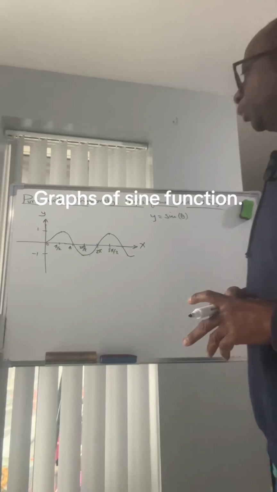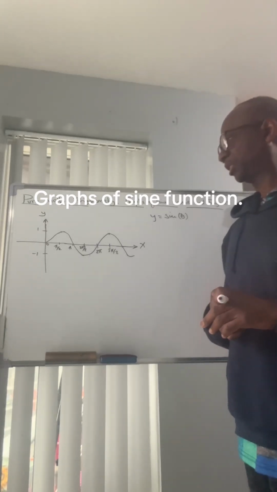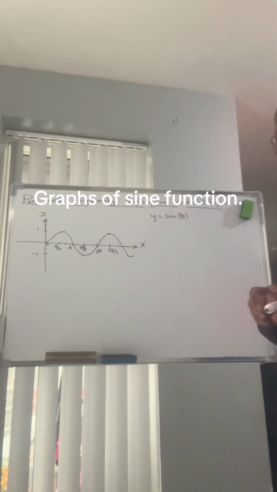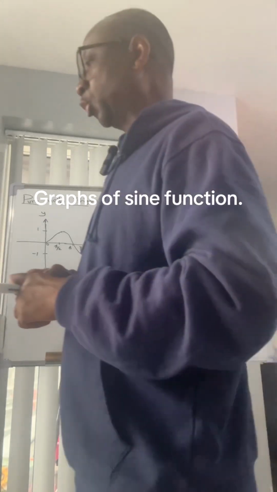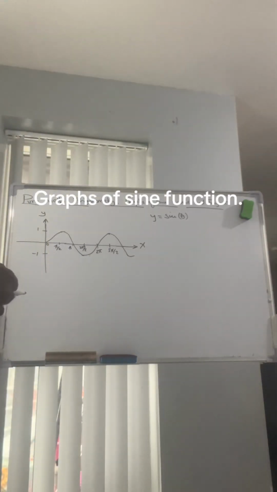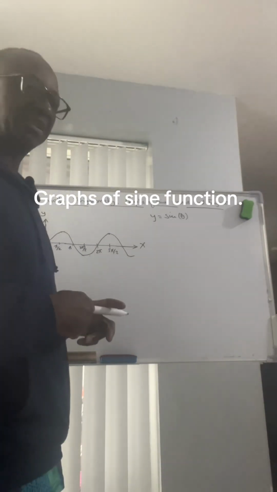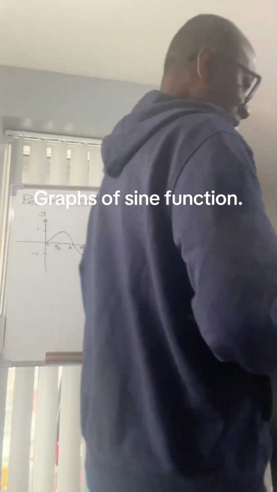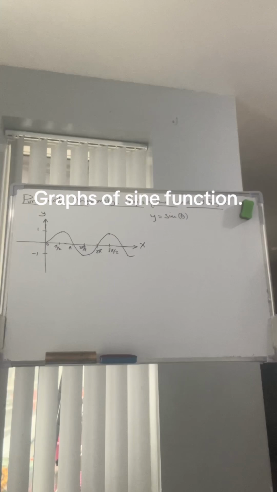But what we are going to look at is how to plot these functions. We should be able to graph them. If you are given a trigonometric function and you're asked to graph it, you should be able to do it easily. That's what we are going to do.